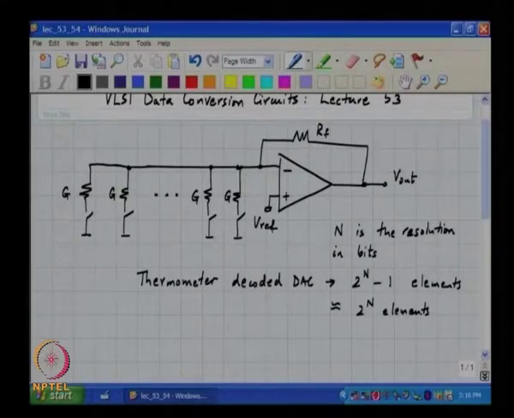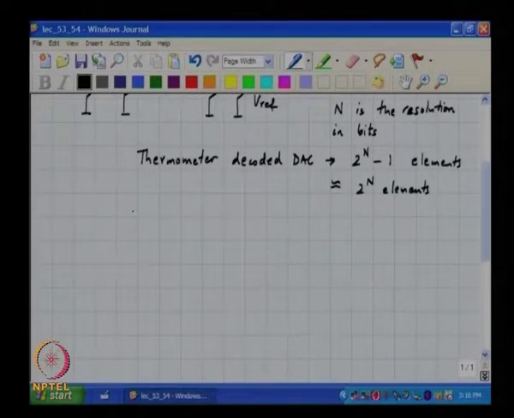Now, let us say we want only to partially thermometer decode.